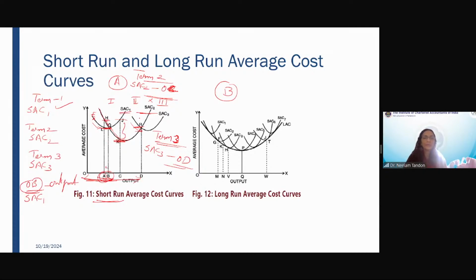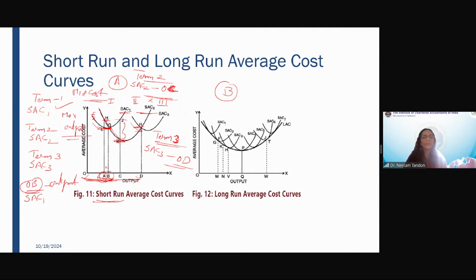So what is your learning through this? In the short term, for this firm, there are 3 term periods. In each term period, the firm has to decide what will be the level of minimum cost to produce the specific unit of output. So the firm always looks for minimizing cost and maximizing output, whether you talk about short term or long term.